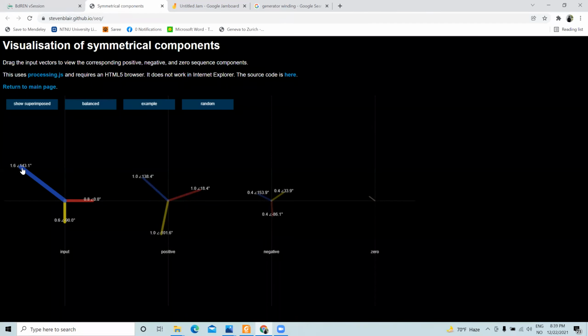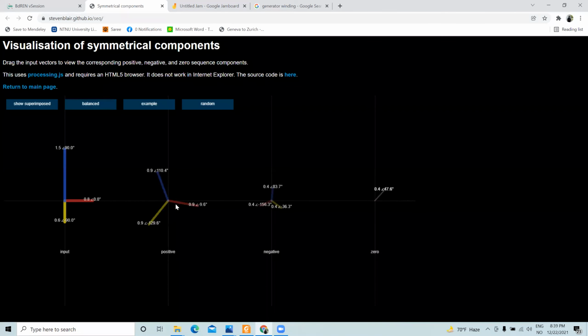Okay, so you can see that if the asymmetrical components change, you can represent this by the sum of three symmetrical components. This one is symmetrical, and is called the positive sequence.